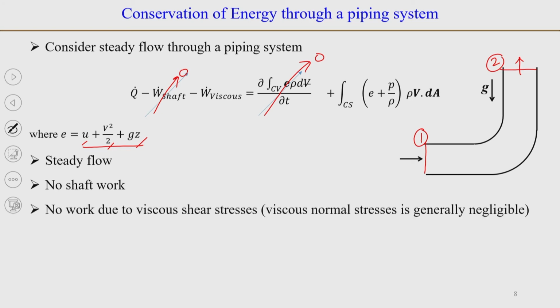Now, we can choose our control volume in such a manner that it coincides with the wall and is normal to the flow at the inlet and outlet ports.